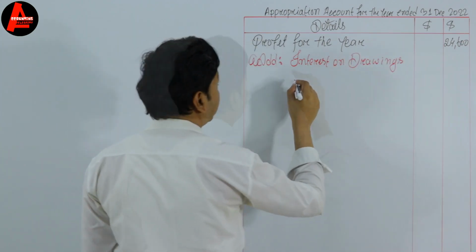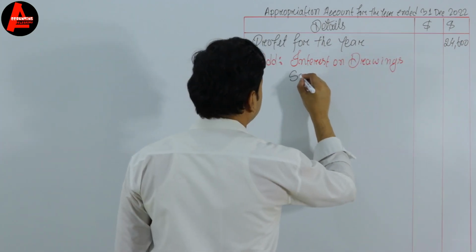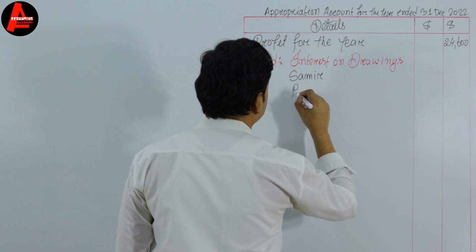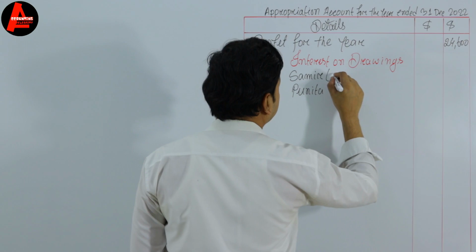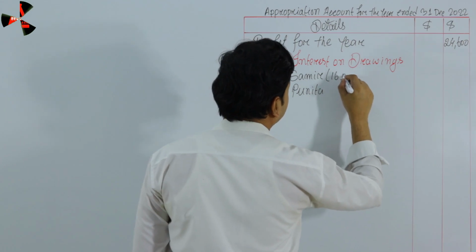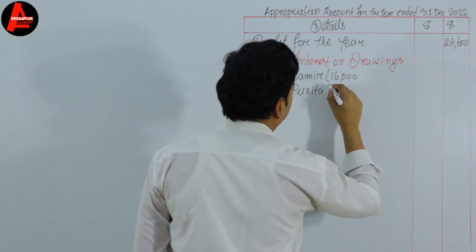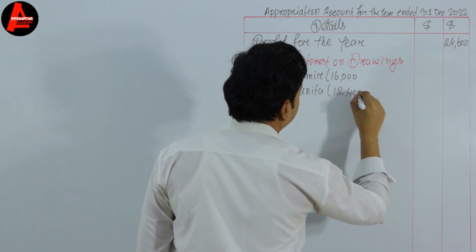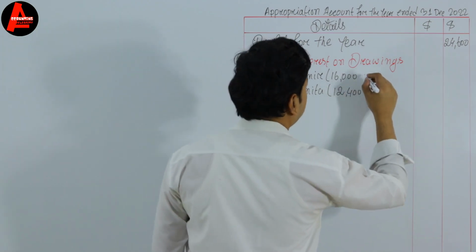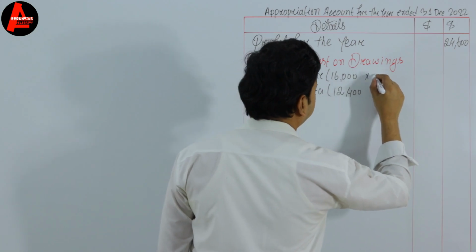So here the partners Samir and Punita. Samir's drawing is $16,000 and Punita's drawing is $12,400. So the rate of interest is 5%.